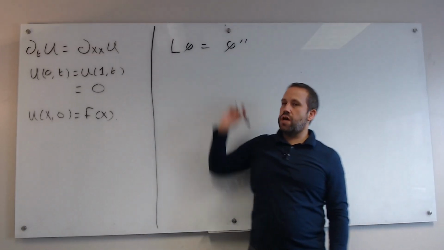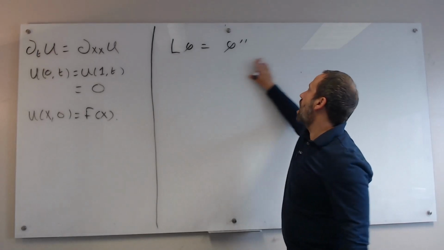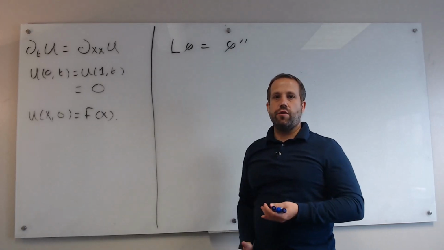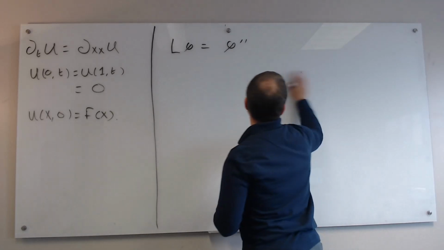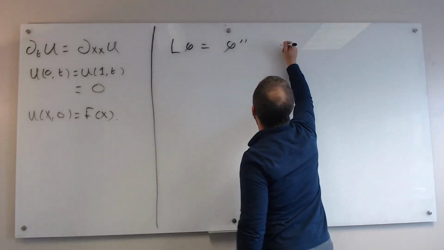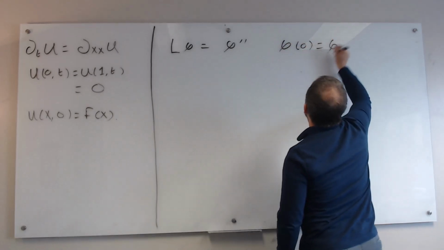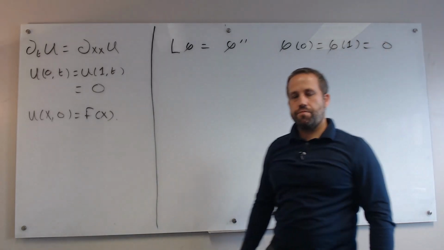I want to study this operator, and I don't want to just have this act on any function. I first want to restrict it to the case where it's twice continuously differentiable. But I also want to restrict the domain of this operator to the set of functions where phi of 0 is equal to phi of 1, and that's equal to 0.